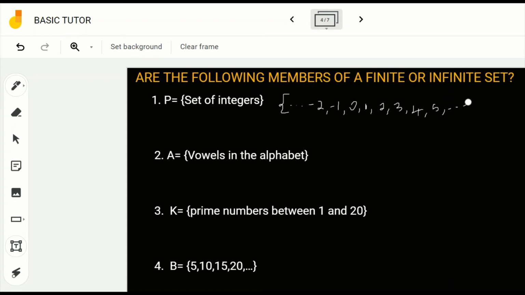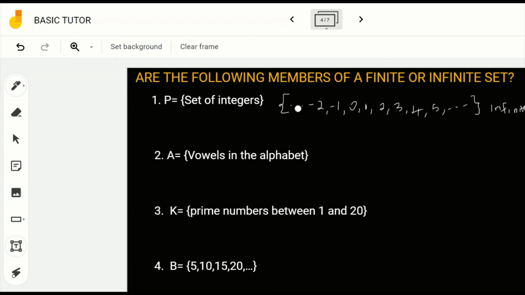It goes on. So this is an example of an infinite set because it goes on forever. It has no end. We cannot count the set of integers, so it is an infinite set.